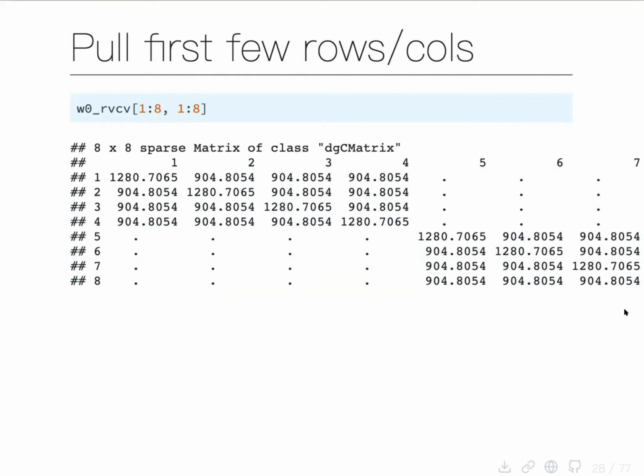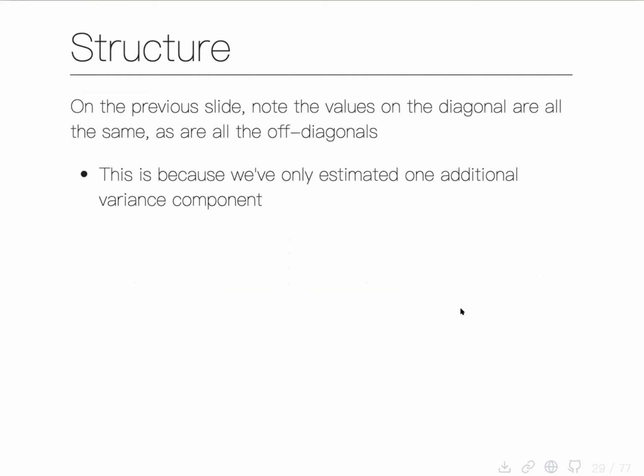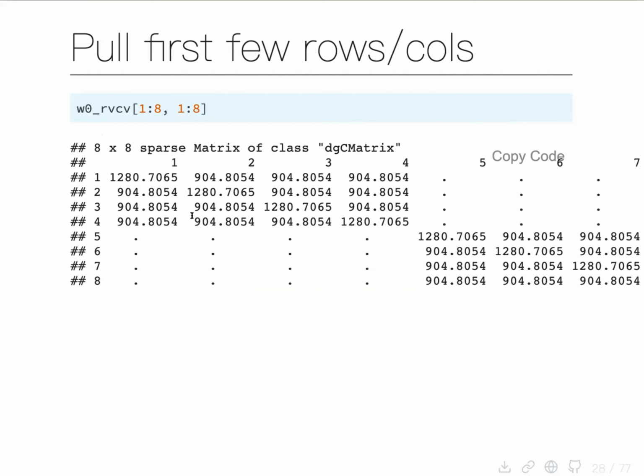So when we look at this residual variance covariance matrix, you can see these off diagonals are all the same number, just repeated a bunch of times. And on the diagonals, we also have the same number repeated all the way across.